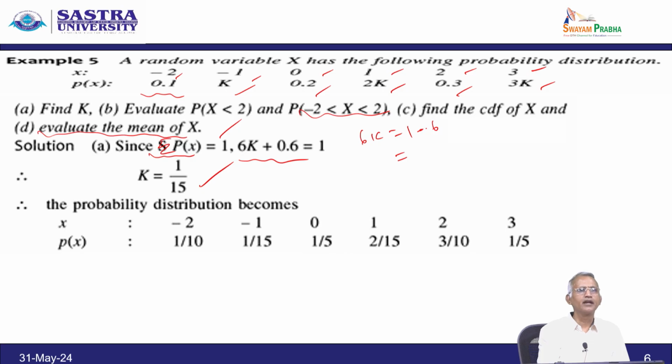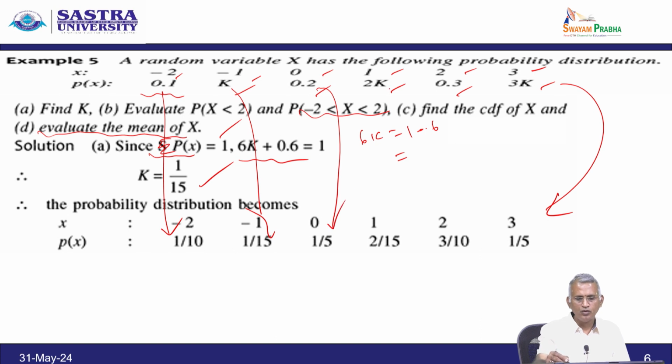Once you know the k value, the given probability distribution can be written as x is given here: -2, -1, 0, 1, 2, 3, and p of x: you take the value 0.1, meaning 1 by 10, and the k value 1 by 15 directly substituted here. 0.2 means 1 by 5, 2 into 1 by 15, and 0.3 is 3 by 10, 3k is 3 into 1 by 15, which corresponds to 1 by 5.